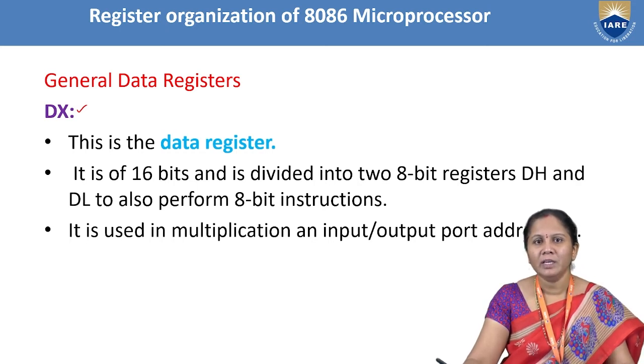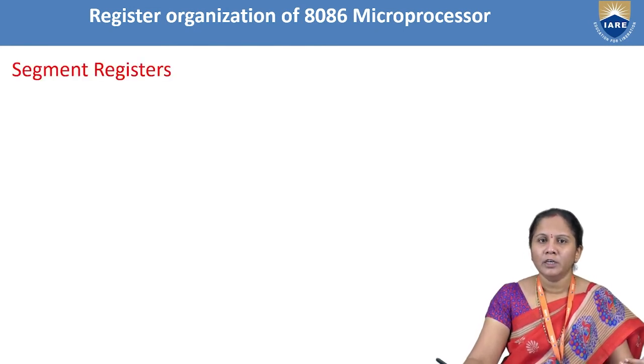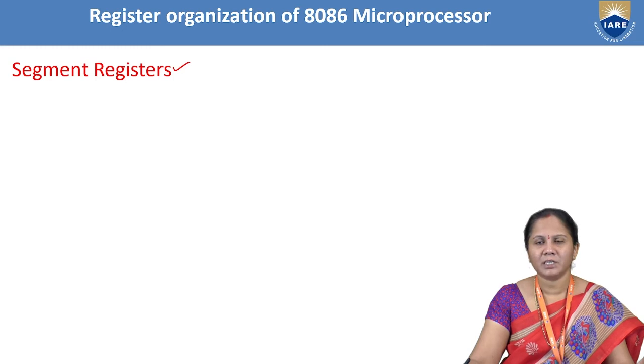That is why, if AX is called the accumulator, DX is called the extended accumulator. Not only for 16-bit multiplication operations, but for 32-bit division operations also, this DX register can be used. That is why DX is called the extended accumulator. So DX is a 16-bit register.